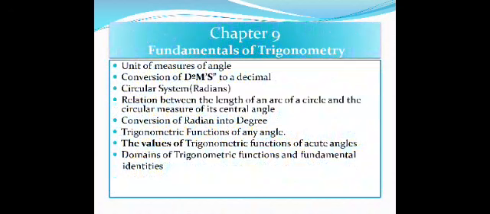In it we discuss many things, which is also a revision of your last class: units of measure of angle, conversion of degree, minute, second to decimal, conversion of radian into degree, trigonometric function of any angle, value of trigonometric function of acute angles, domain of trigonometric functions, and fundamental identities.